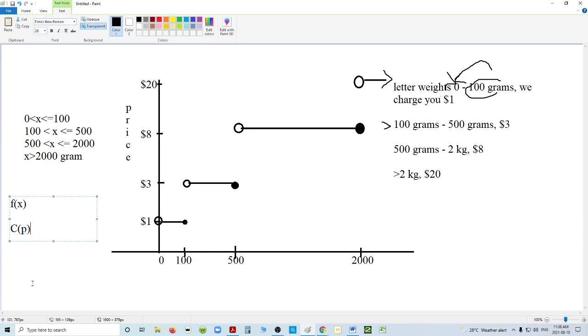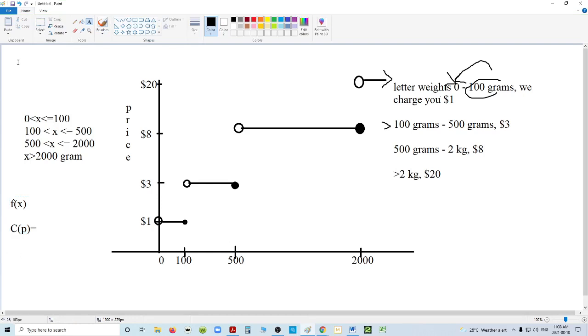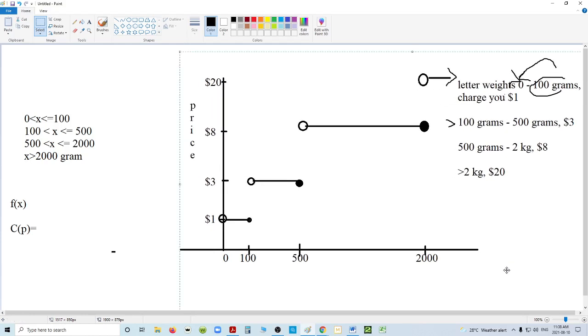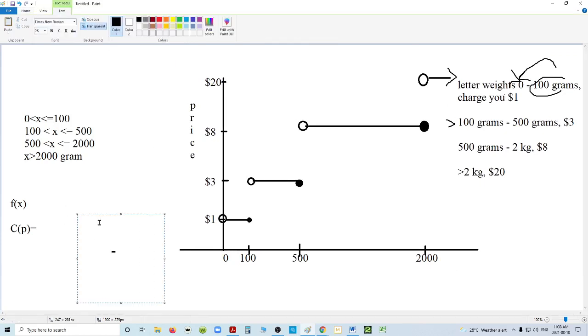And then you'd have to have several ranges, and you would write it like this. I'm just going to move our graph over a bit here. And you have several ranges, and they're pretty much the ranges I described earlier. You would say y is $1 when 0 is smaller than x, smaller or equal to 100.